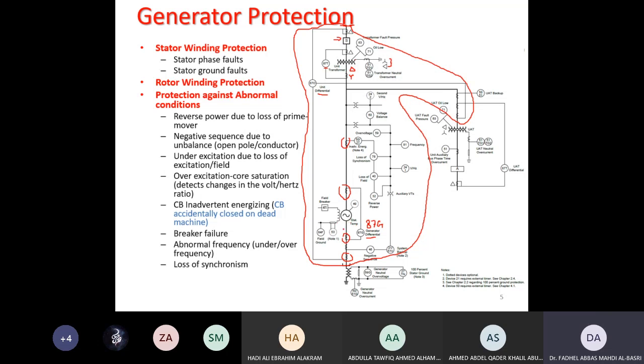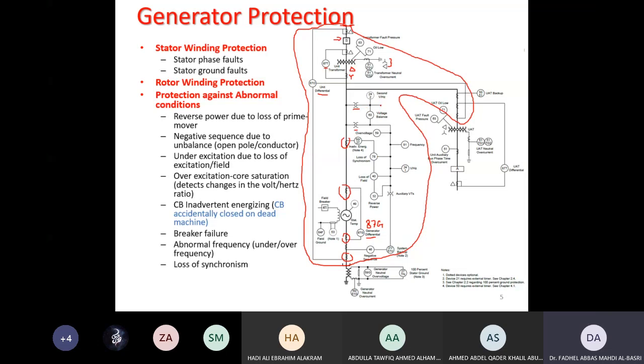And this is the field breaker, for the field winding. I also have protection that detects loss of field, or ground faults in the field winding. If I want to synchronize this breaker, or for breaker failures, there are other protections, like I need a VT here.